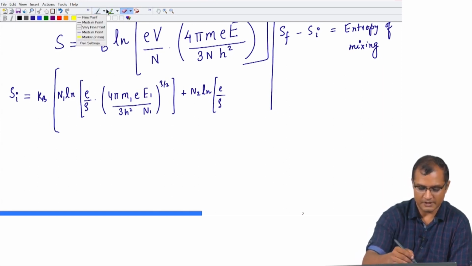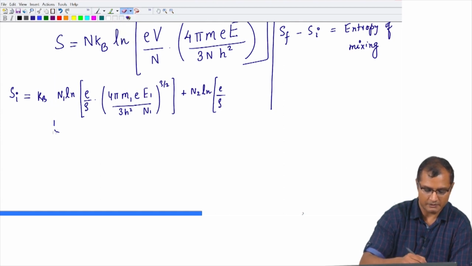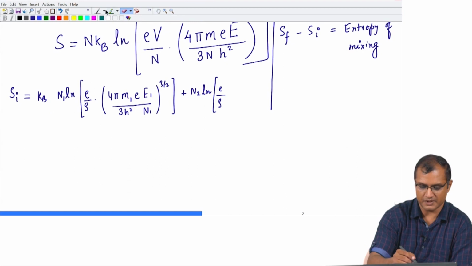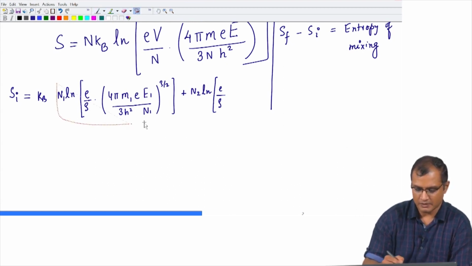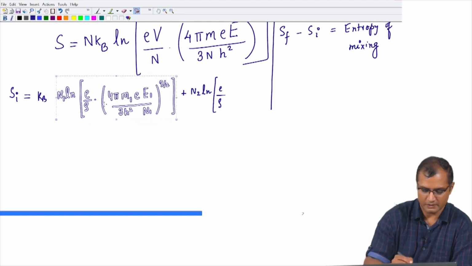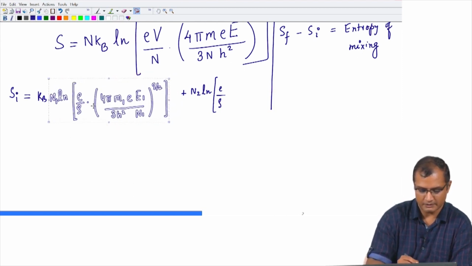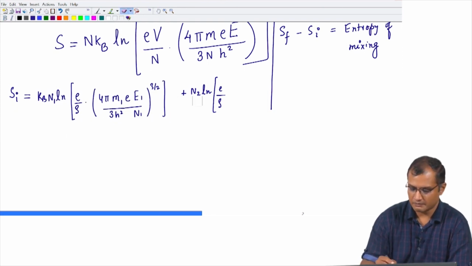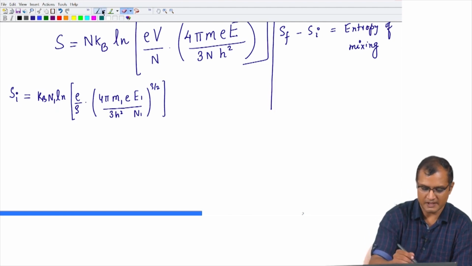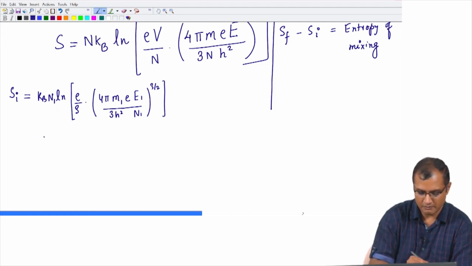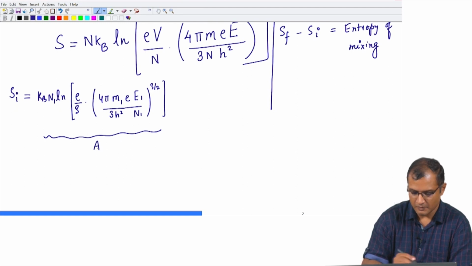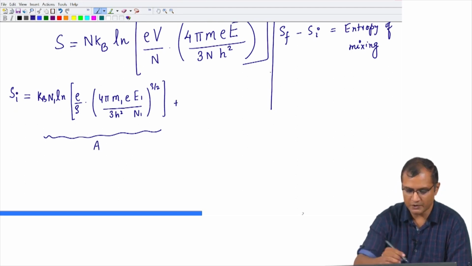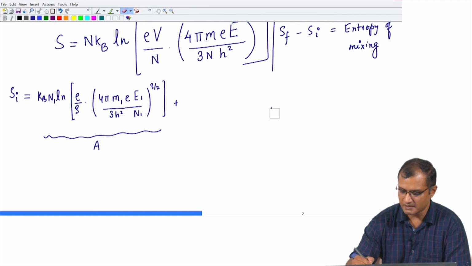I think for the presentation it is better to write down Kb multiplied to each one of them. It just improves the presentation. So, I am going to shift this entire object slightly, okay, and I am going to write down. So, this is basically the entropy of the A, plus I am going to write down the entropy of the system B, and this is the initial entropy. Okay.